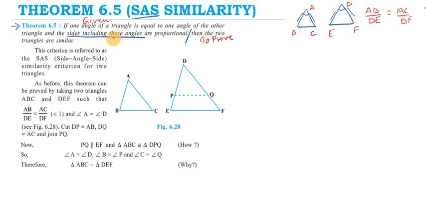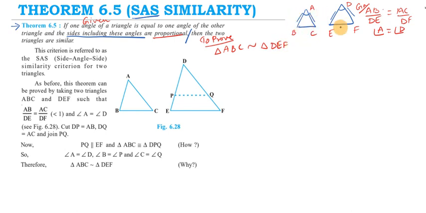Why? Because the sides including these angles are proportional. And we also know angle A is equal to angle D. So all these are given. What we have to prove is that triangle ABC is similar to triangle DEF.